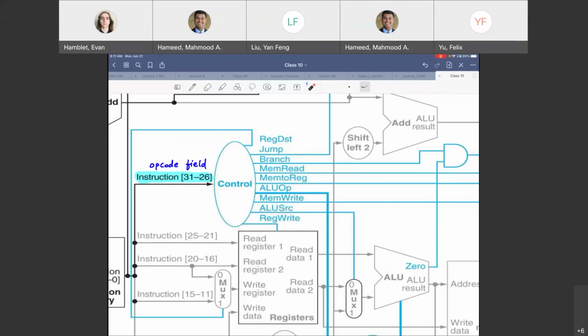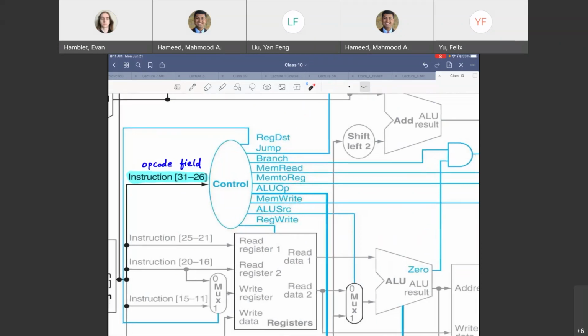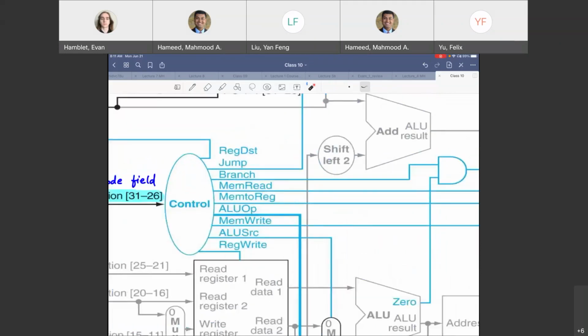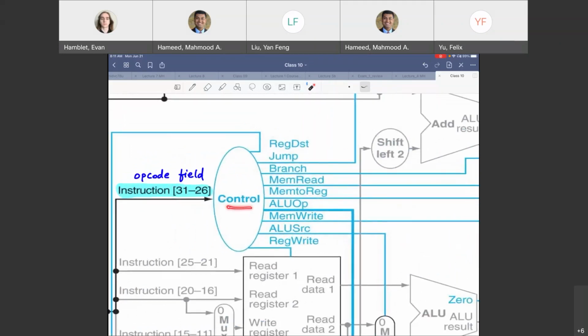Some of these control lines might seem familiar because we have seen them in data path. Actually, in the last activity, you guys computed many of these to support one of the instructions, right? So let's see. For jump, what is going to happen? This control block is supposed to look at this 6-bit field, and if it is a jump instruction, it is supposed to activate this line, jump.